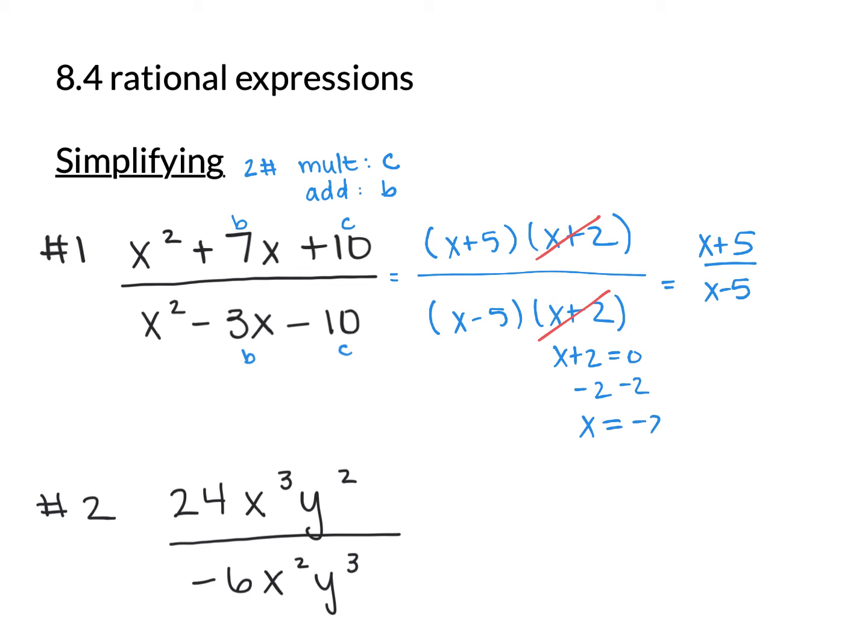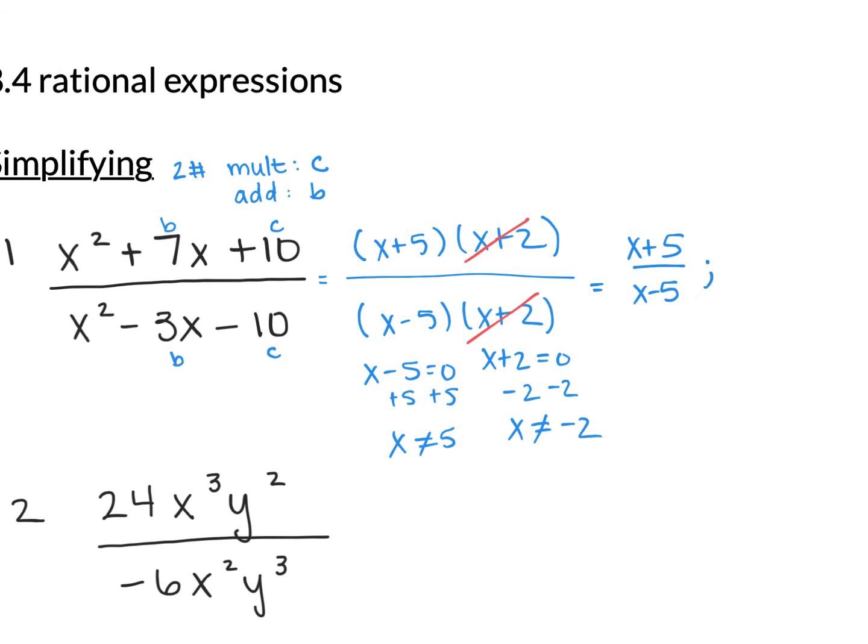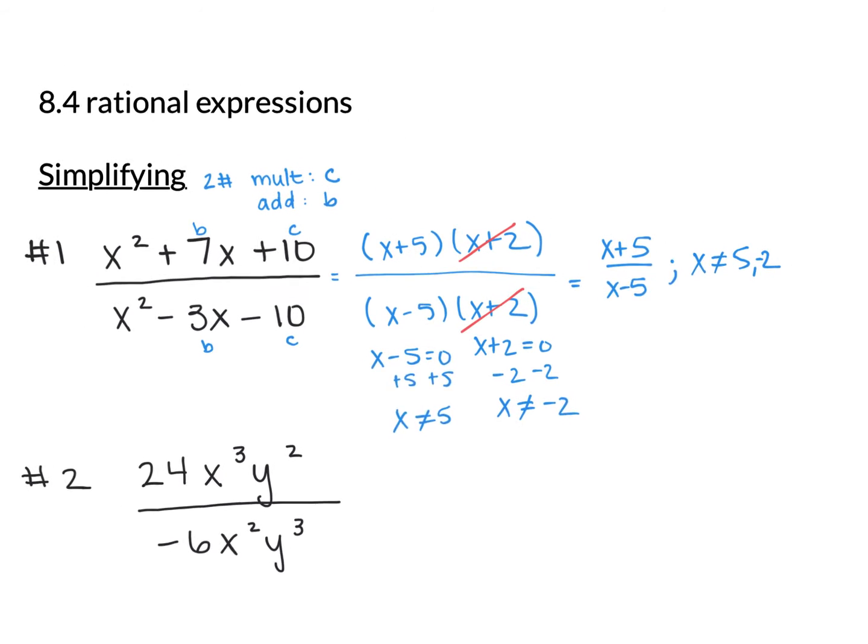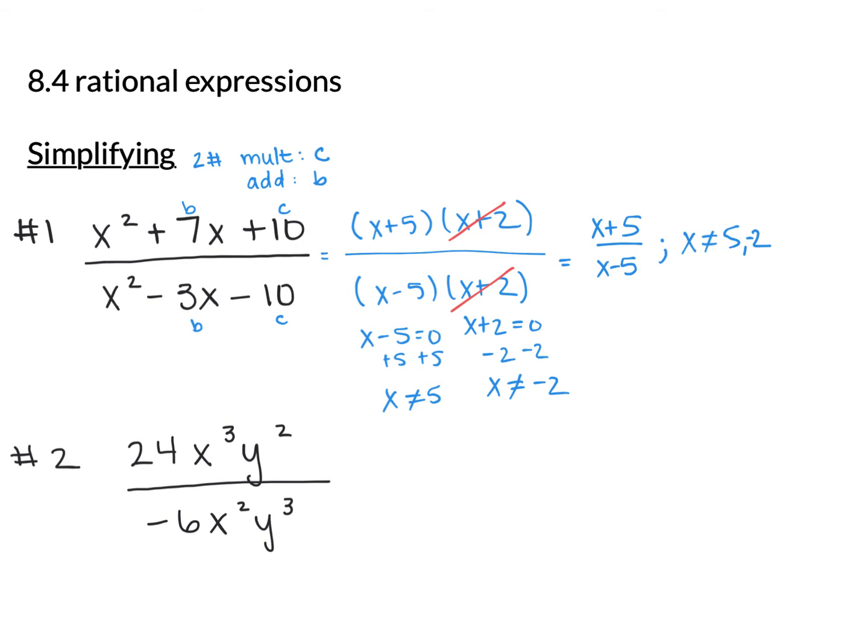X cannot equal negative 2. And then we have the x minus 5, set that equal to 0. X cannot equal 5. So we're going to write that in our answer. X cannot equal 5 or negative 2, I'm sorry. Okay, so that should be it for solving number 1.